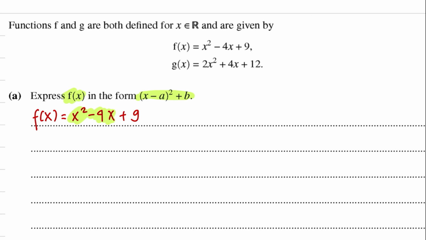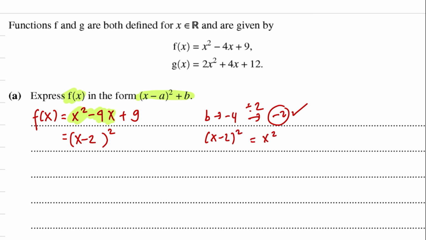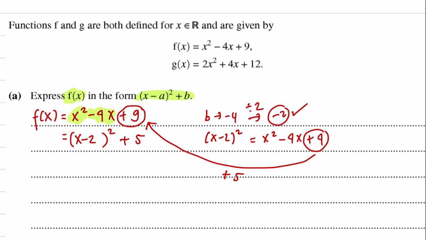For this part, as you can see, the b is minus 4. We divide by 2, becomes minus 2. So we put the bracket, we put our x, we put this number, and then we square. And then we expand, becomes x squared minus 4x plus 4. This is plus 4, but we have plus 9. So that means from plus 4 to plus 9, we have to add 5. So it becomes (x minus 2) squared plus 5.